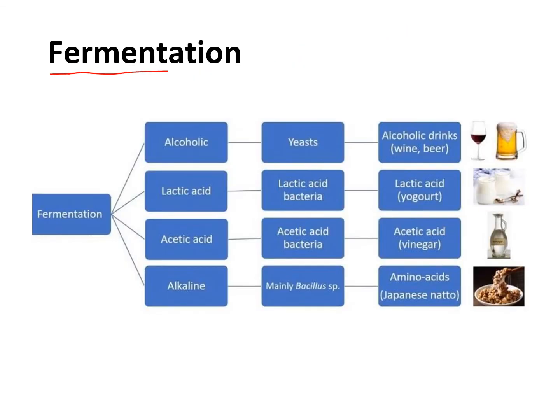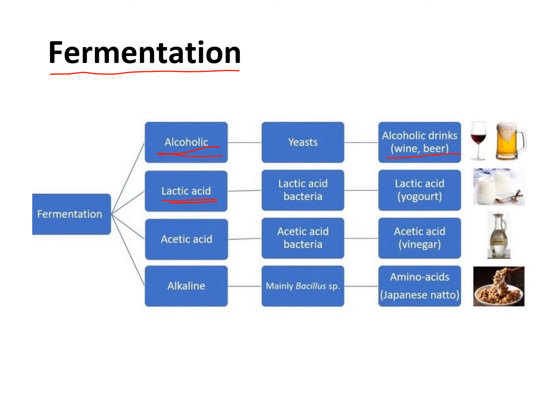With fermentation, there are lots of different types. I mentioned alcohol fermentation and lactic acid fermentation, but there are many others. And fermentation is pretty important for humans because it produces different products that we are interested in. Of course, alcohol fermentation produces alcoholic drinks like wine and beer.